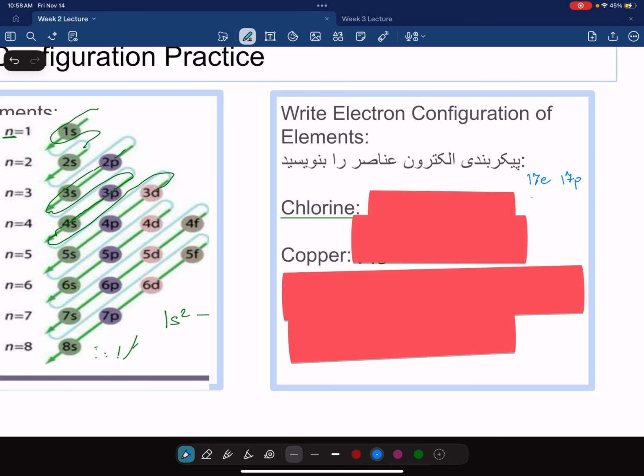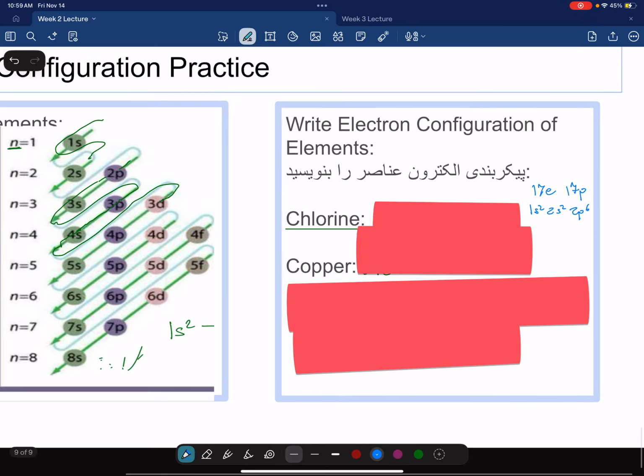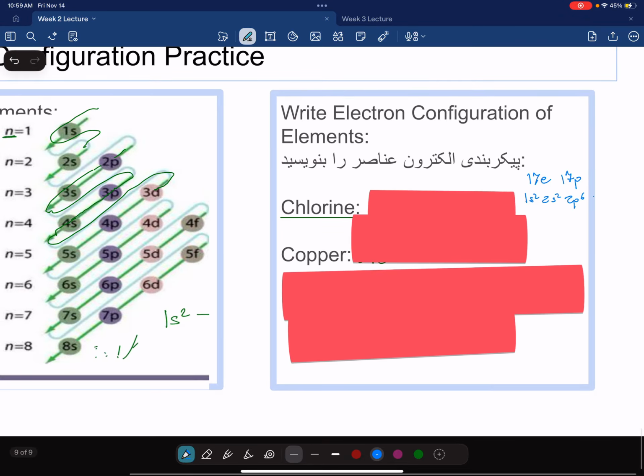So it's going to be 1s2, 2s2, 2p6, and then from there we have next 3s2, and this is going to represent 2, 4, 10, 12, so we still have 5 more electrons to represent.